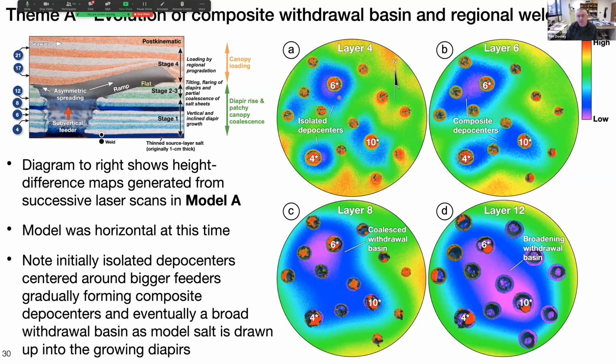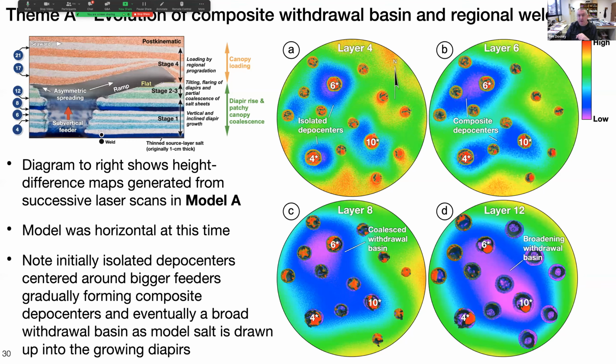So during our early stage upward diapir growth, our early isolated deep centers were centered on 4-star, 6-star, and 10-star.